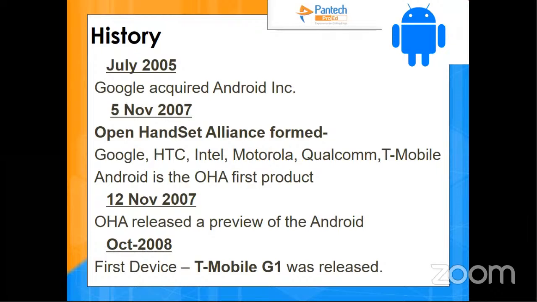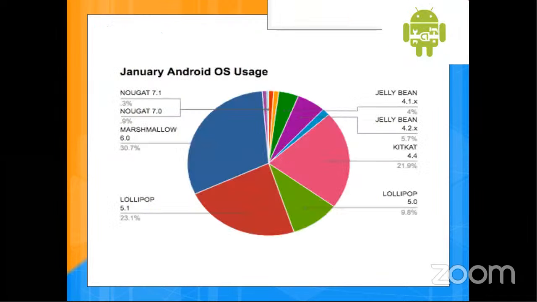This is the main objective of the Open Handset Alliance. Then there is a survey, taken from the Nougat version. If they are going to release one operating system, they calculate how the previous operating system was used and how people adapted to the previous versions. That survey is taken from the previous versions only.